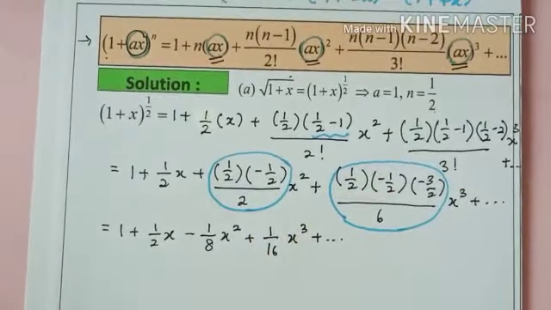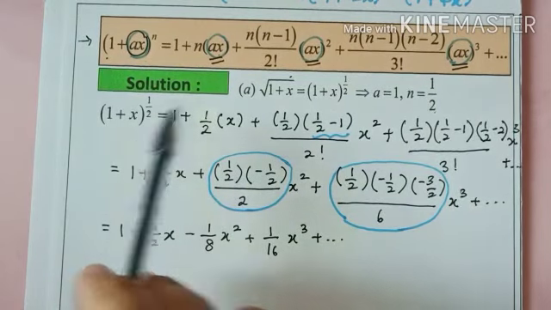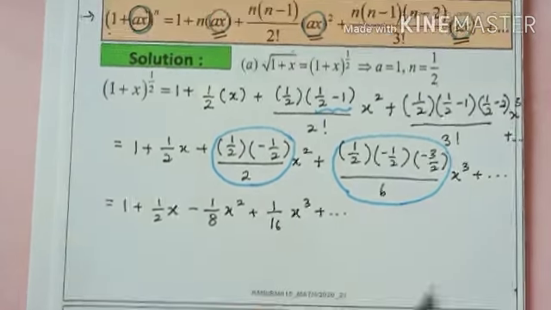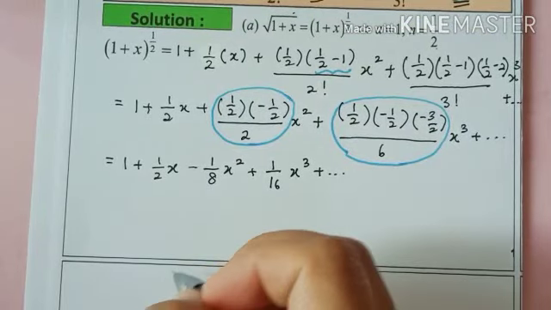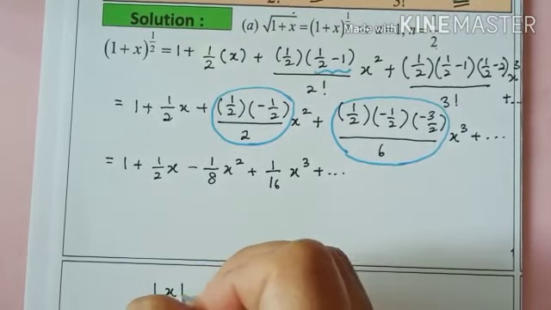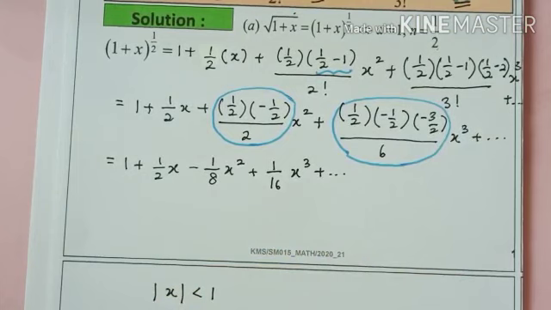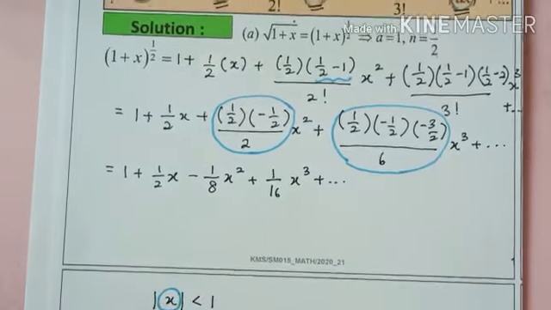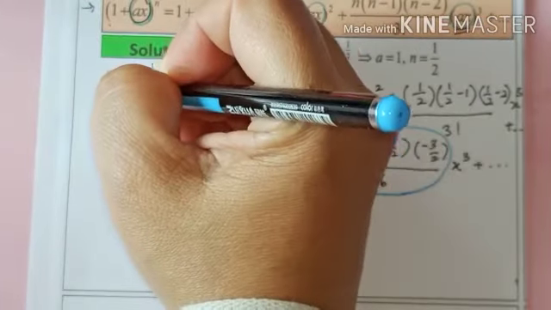This is the expansion for (1 + x) to the power of half, and this expansion is valid for the modulus of x less than 1. This is a condition, it must always be less than 1. And for x here, we have to refer to this term.